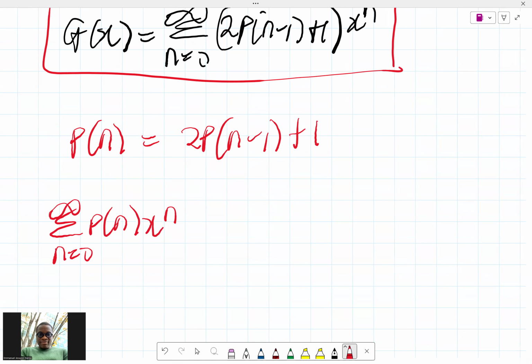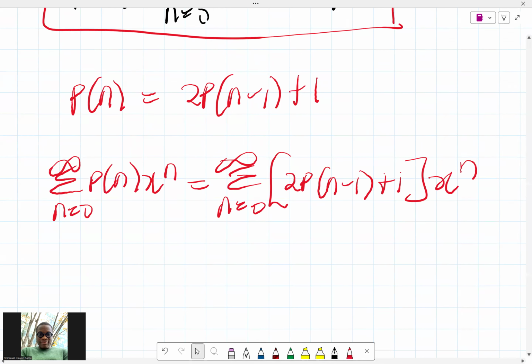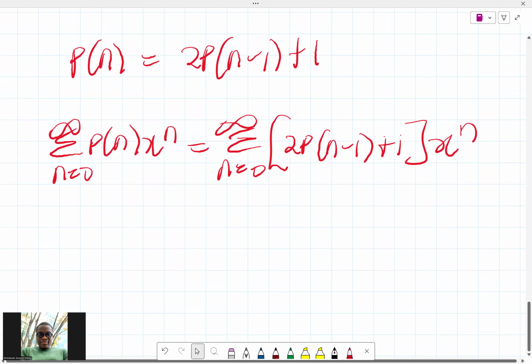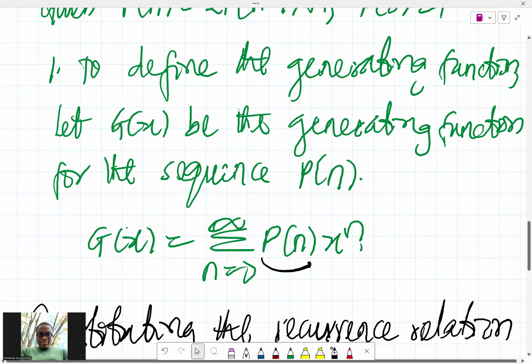Automatically this is G(x), and this will now be equal to the summation from n equals 0 to infinity of (2P(n-1) + 1) multiplied by x raised to power n. So we can get everything term by term. With this done, we can shift the index for consistency. Clearly, this is G(x) based on our definition from the very beginning.